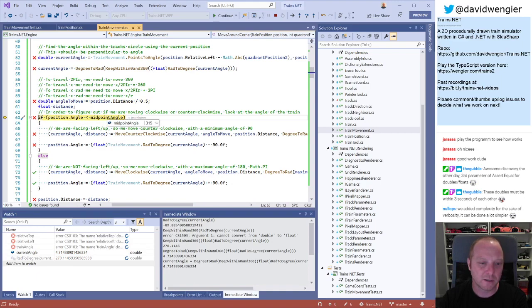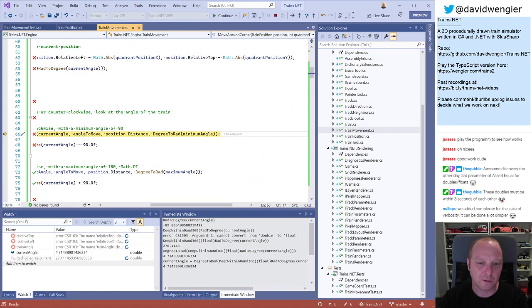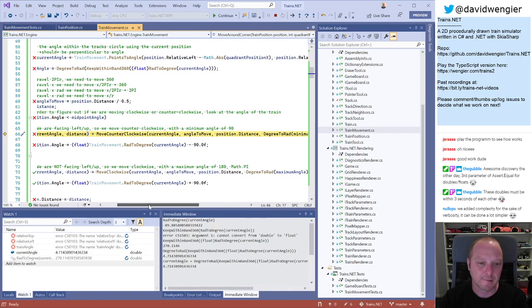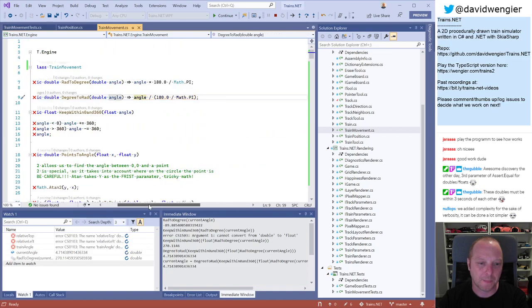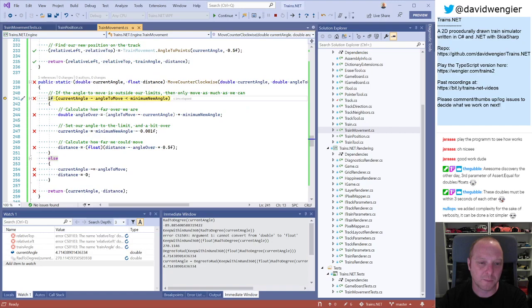Our train's at 0. Yeah, so we're going counterclockwise. Moving 2, that's fine. And then our minimum angle is 180. Minimum angle. So that's going to take us below our minimum, which means we're over.